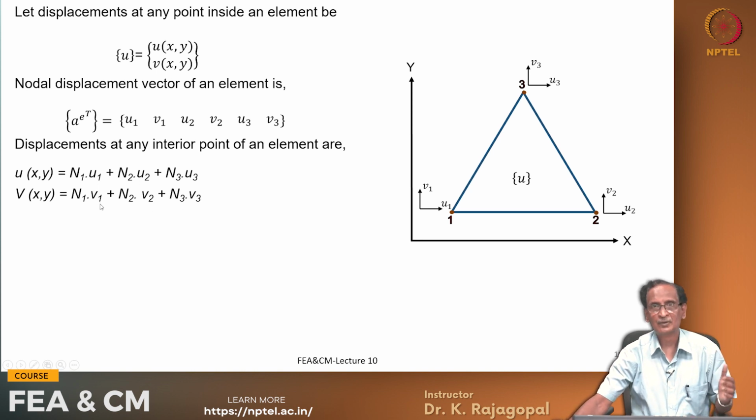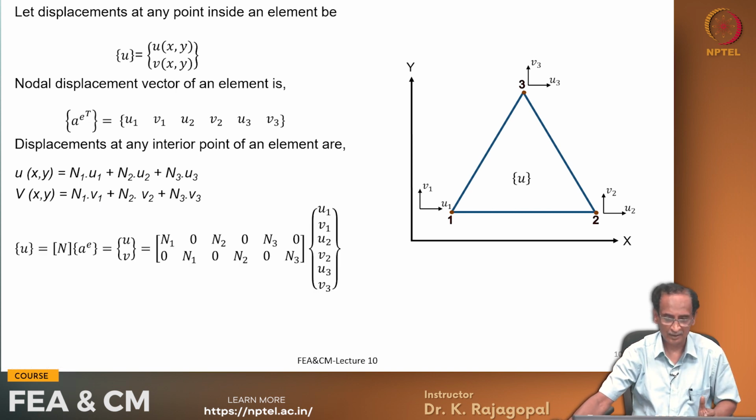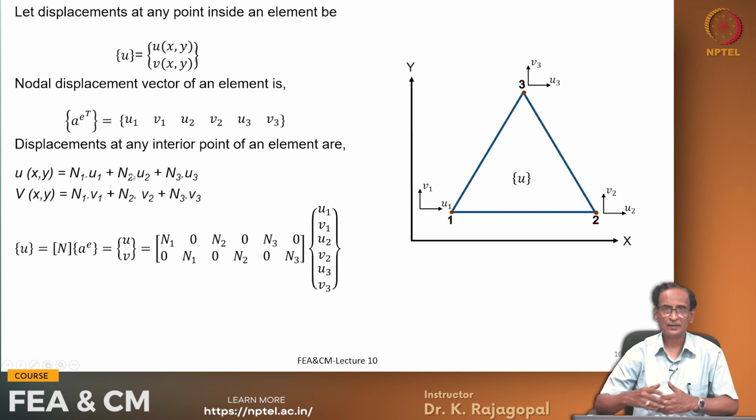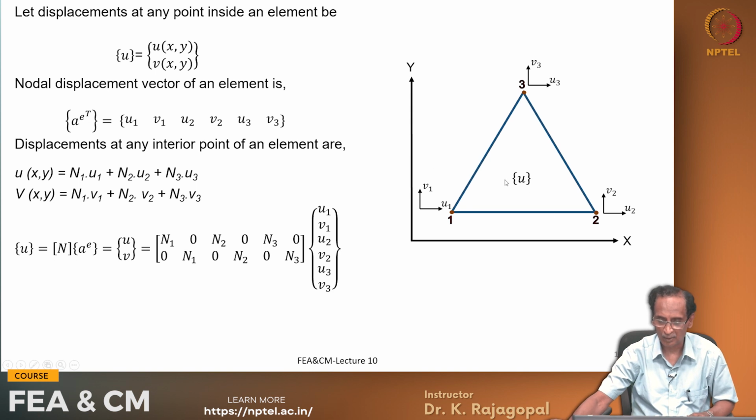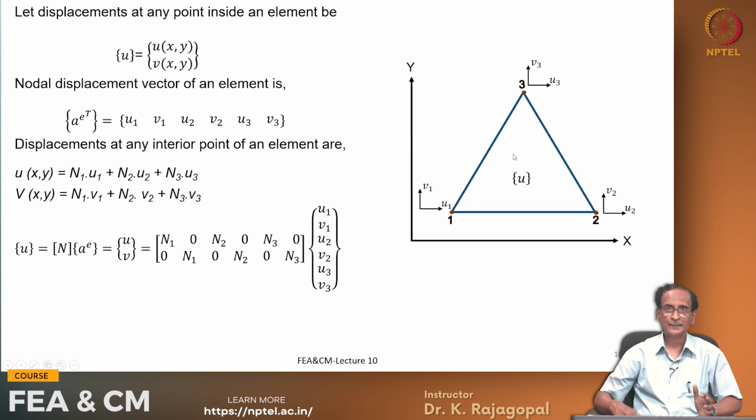In here our N1, N2 and N3 are called the shape functions. Basically these are like our interpolation functions. Depending on the distance of the particular point from these 3 points, the value will change. And these shape functions will have a value varying from 0 to 1.